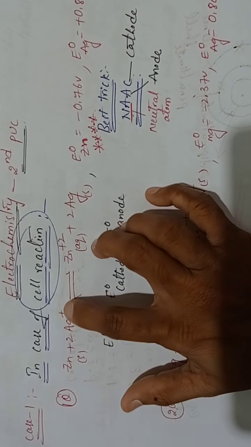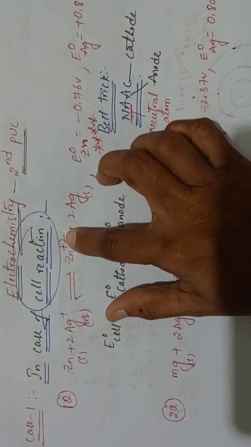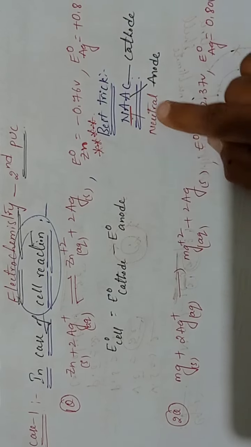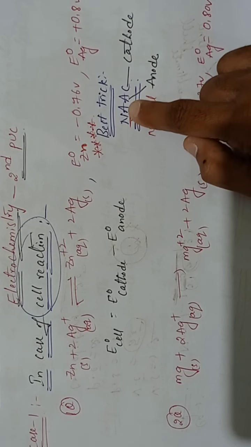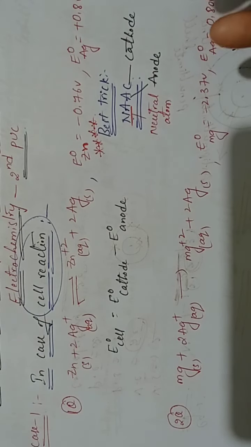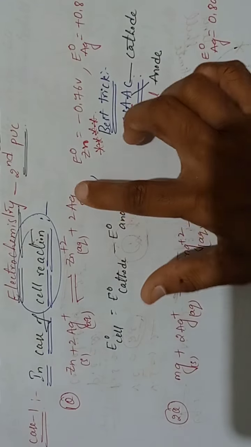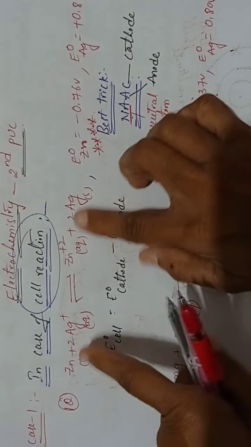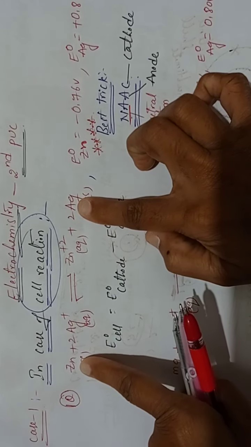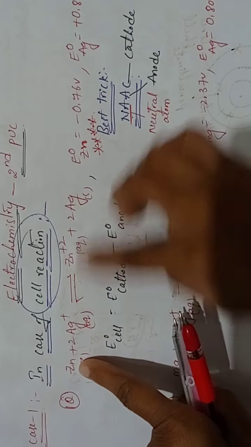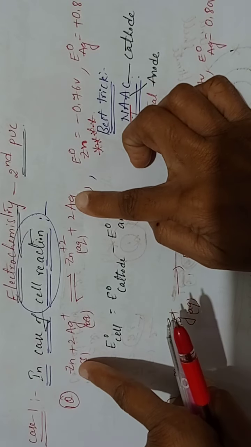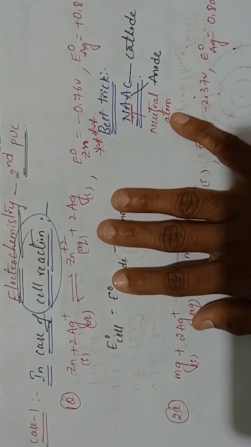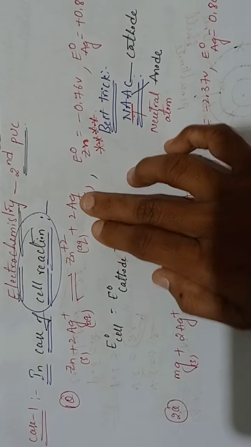Silver ion, Ag+, has a charge, and zinc ion has a charge, but the zinc atom and the silver atom have no charge. Both are neutral atoms.